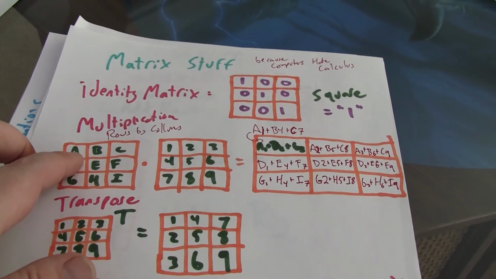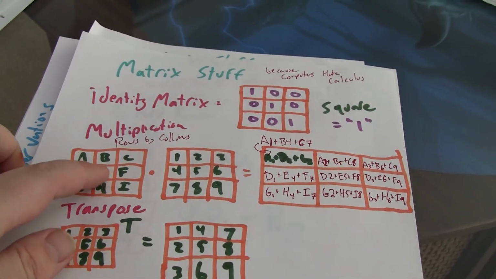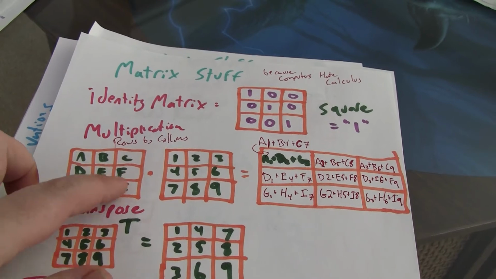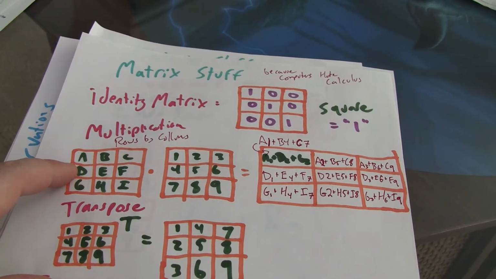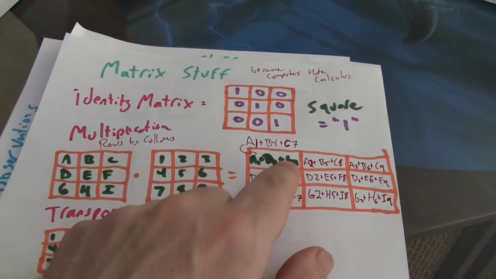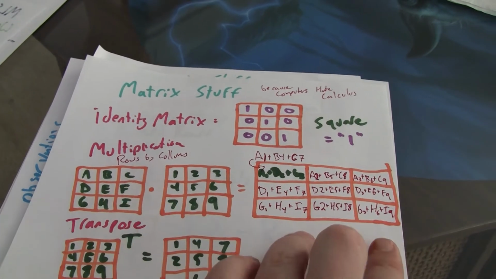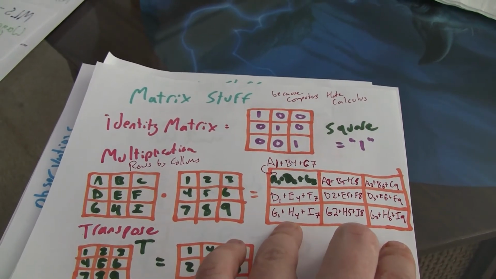But with a matrix, it's going to be rows by columns. These should all be numbers, but I marked them A, B, and C and whatnot so that we could keep track of it all, right? So a 3 by 3 matrix multiplied by another 3 by 3 matrix is going to result in another 3 by 3 matrix.